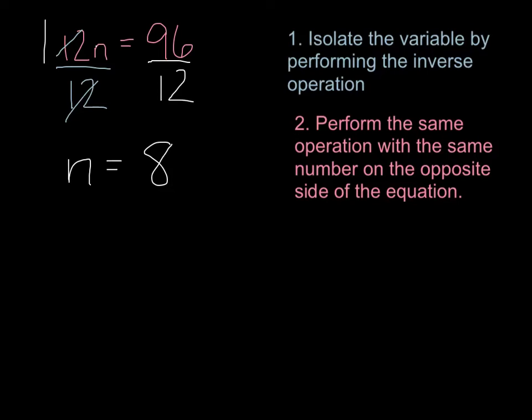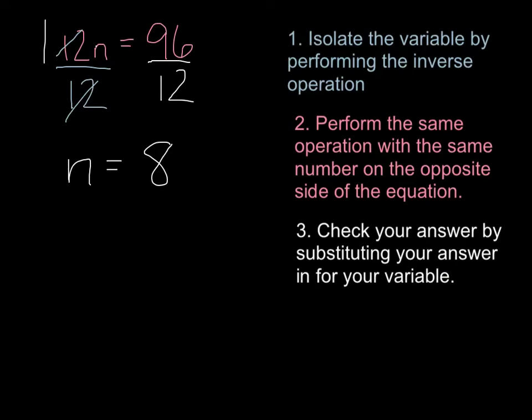So now I know that n equals 8, because whatever I did on this side of the equation, I have to do on the opposite side with the 96. That will help you find the variable, which is n equals 8.